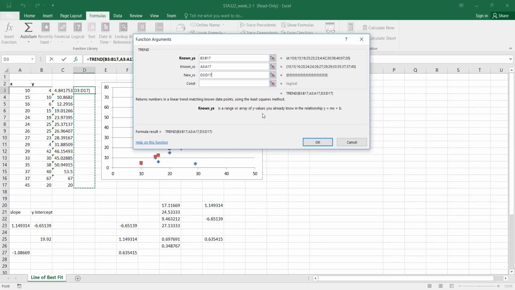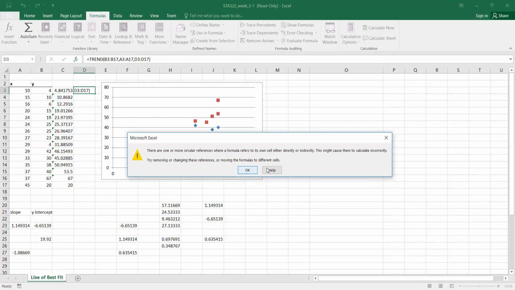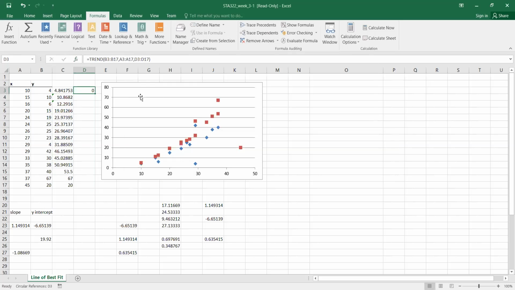What it really ought to be doing is calculating these, and it's not going to like it. One or more circular references. Okay. Let's try something different.